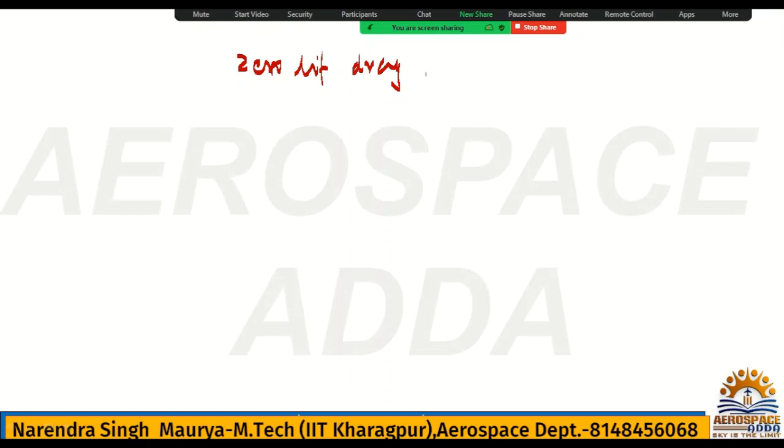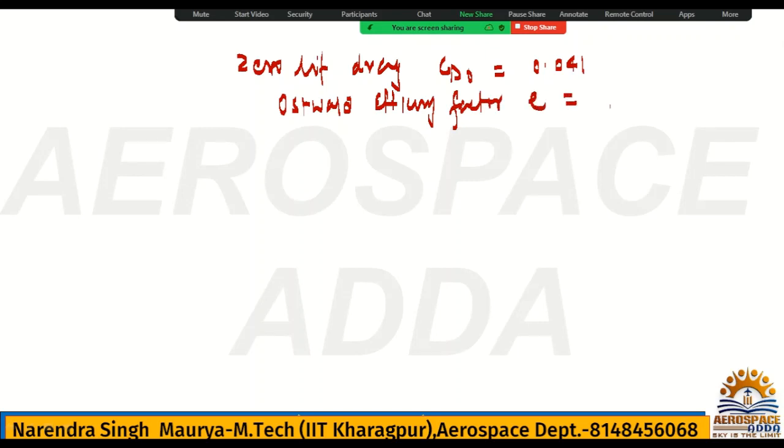Zero lift drag coefficient CD naught is given as 0.041. Span efficiency factor or Oswald efficiency E is given as 0.71.